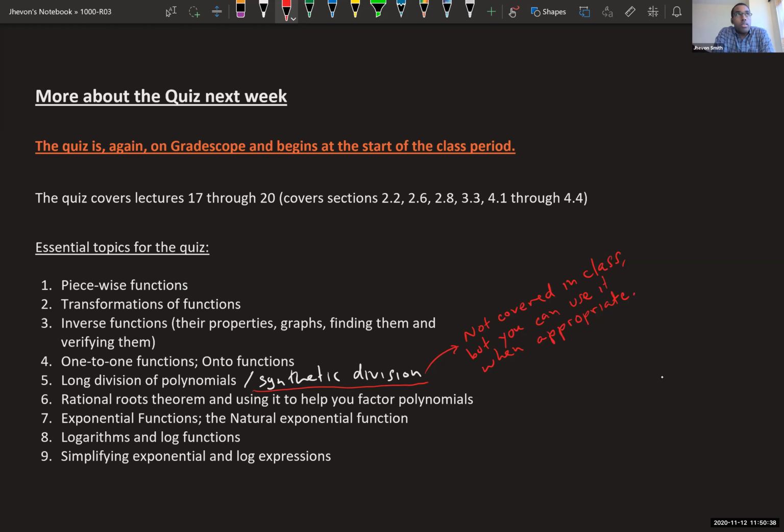And by the way, if the coefficient of the x is not 1, you have to tweak it as well. So if you want to divide one polynomial by 2x plus 3, then what you want to do is actually divide out the 2 first. So you would think of it as dividing by x plus 3 over 2.